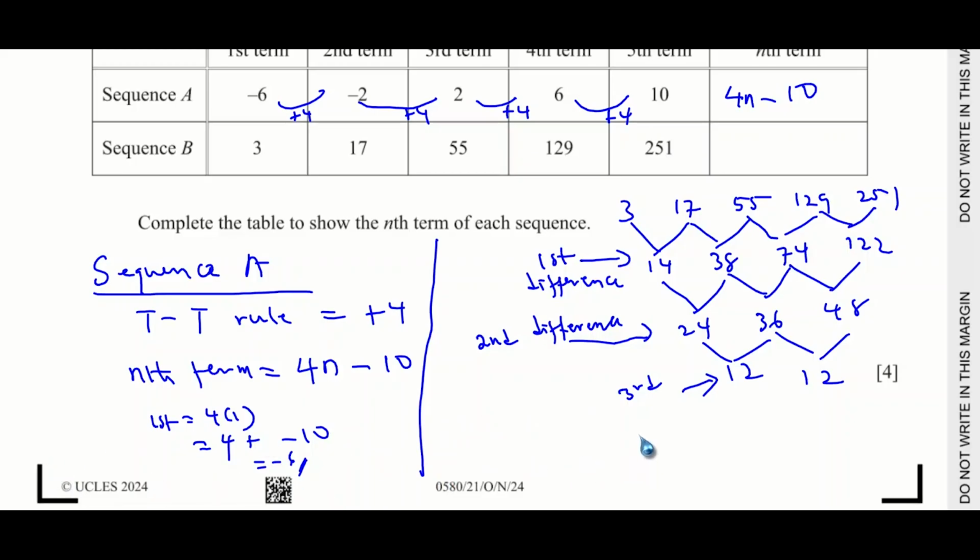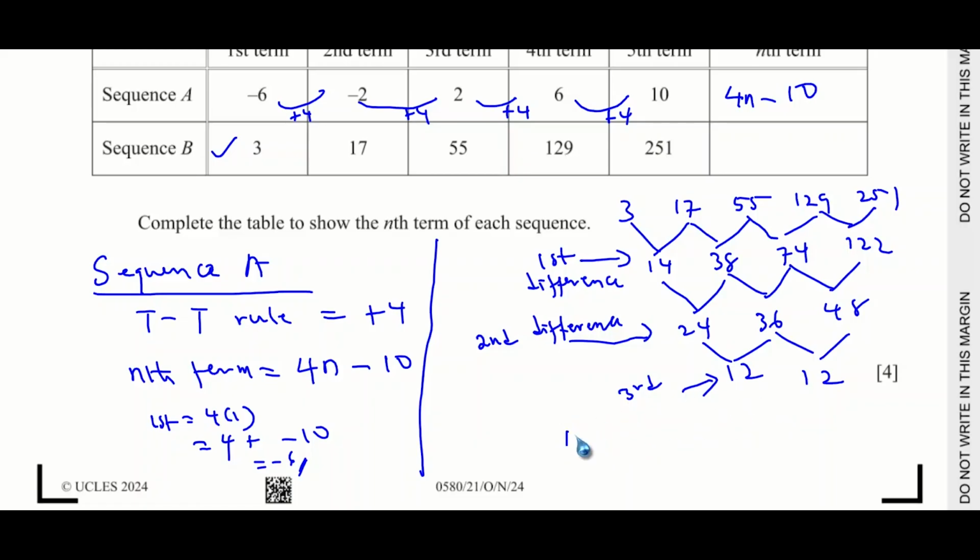Okay, so since we have a common difference at the third difference, that means this sequence is a cubic sequence, and the first thing you need to do is divide the common difference, 12, by 6 and multiply by n cubed.